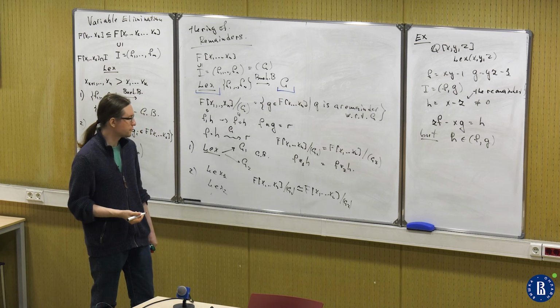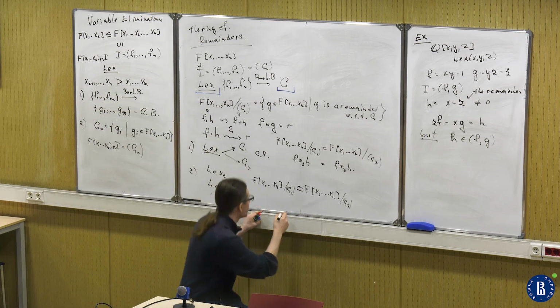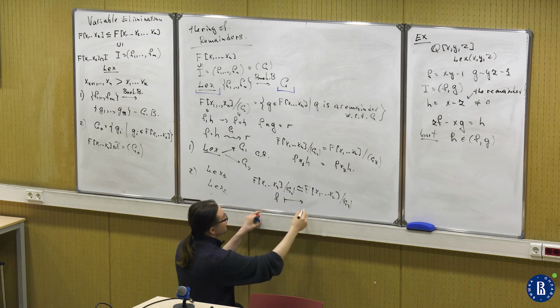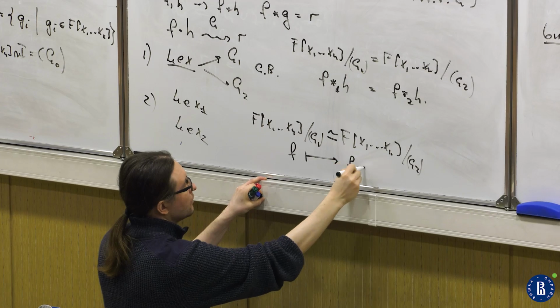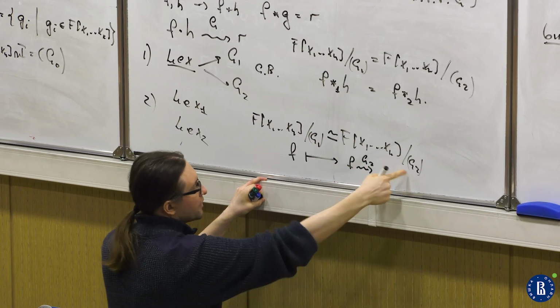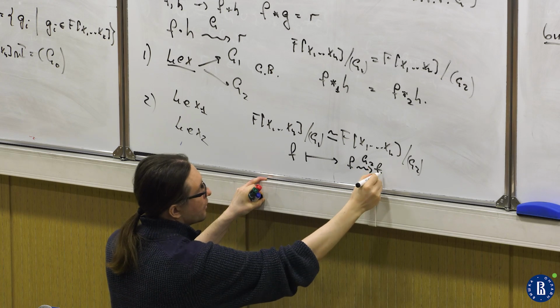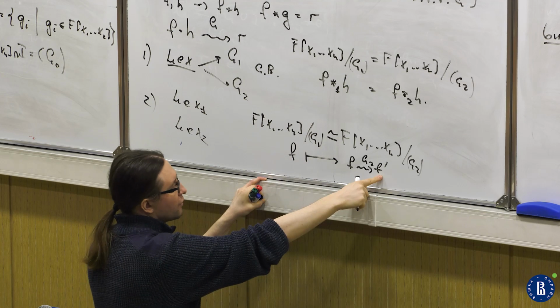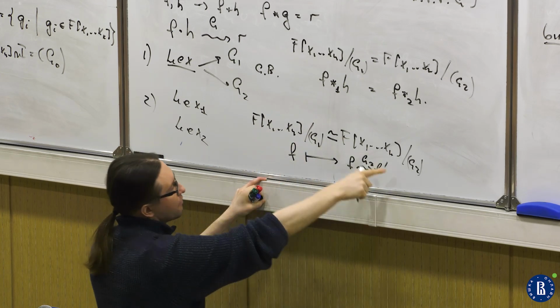And the isomorphism works as the following. You take a polynomial f here, and you just compute its remainder with respect to the Gröbner basis G2. Let's say f prime. And f must go to f prime. This is how the map in this direction works.